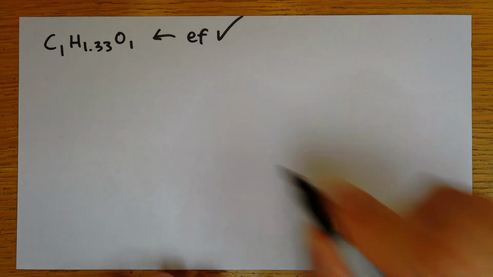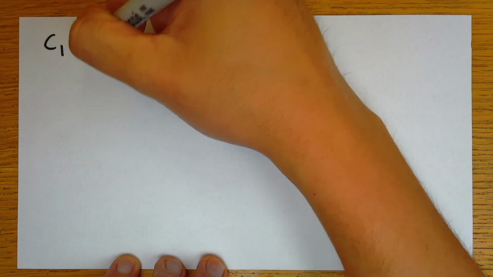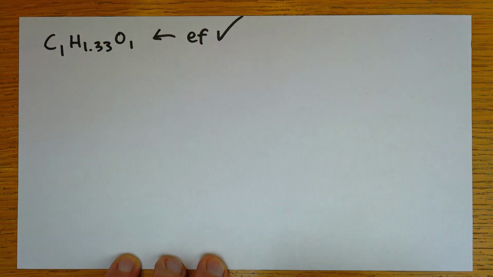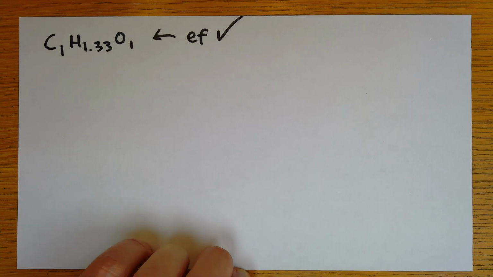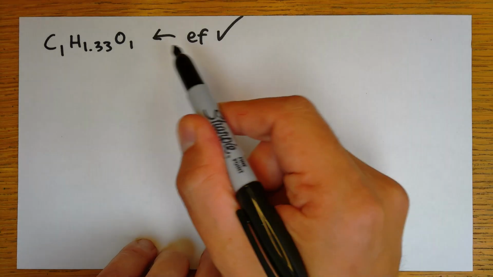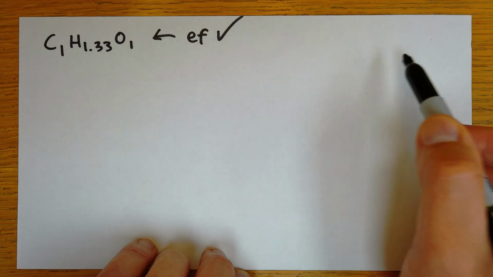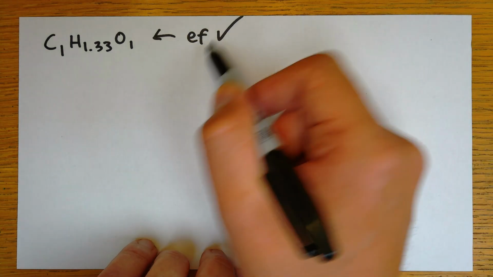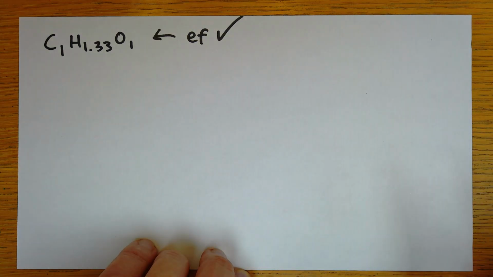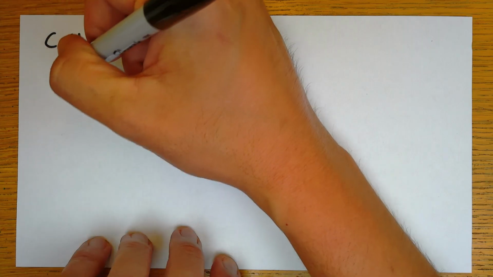So this ratio between 1, 1⅓, and 1 will still hold, but we just have to turn that into whole numbers, okay? But mathematically speaking, I like math, me personally, you could still get the molecular formula correct from this empirical formula. But let's turn things into whole numbers.